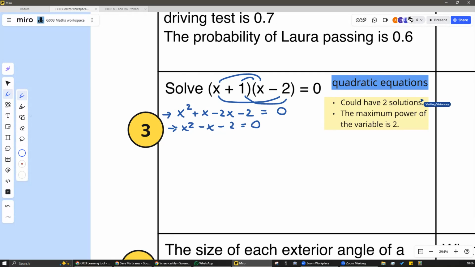Whenever you solve quadratic equations, there are 3 main different ways of solving them. The first way is by factorizing, and in this case, they've already factorized it for you.